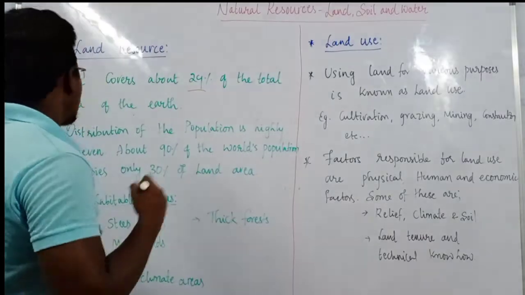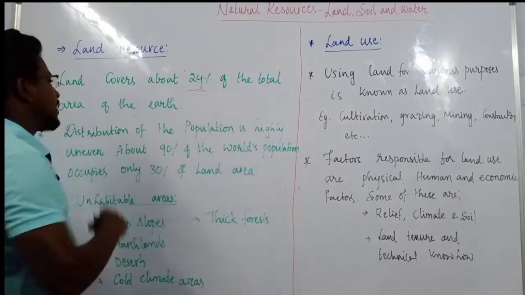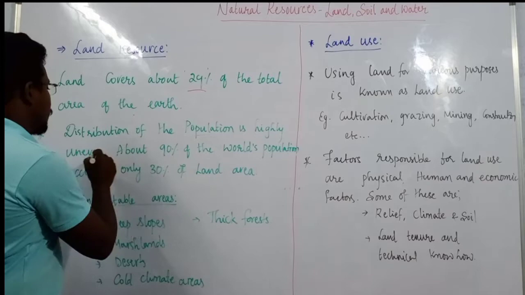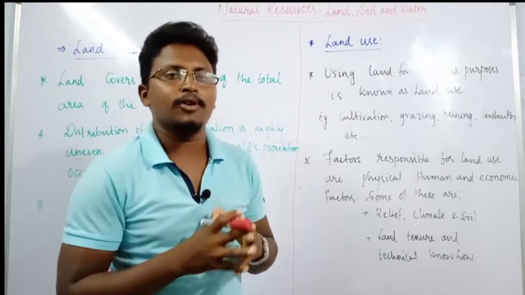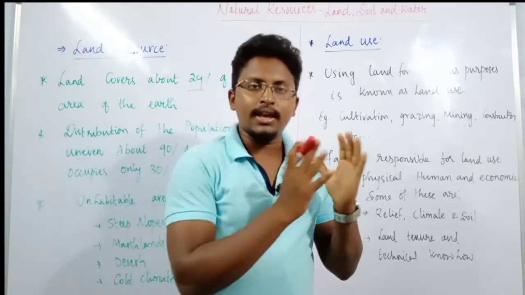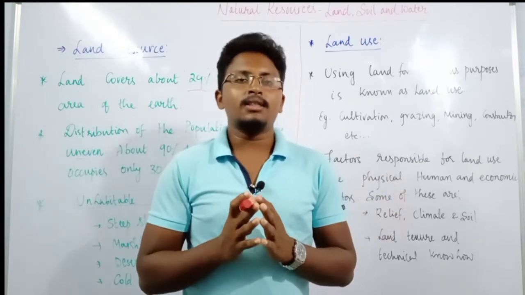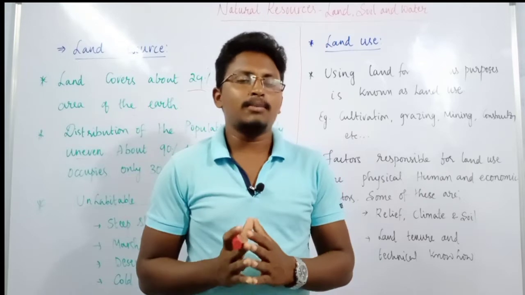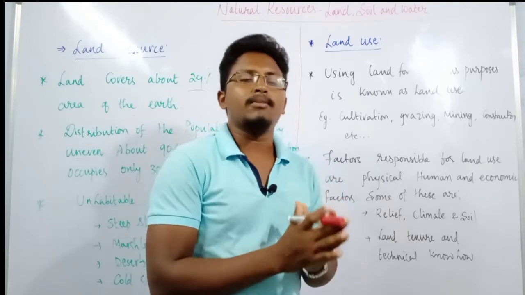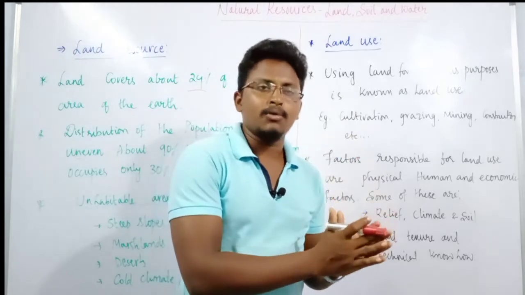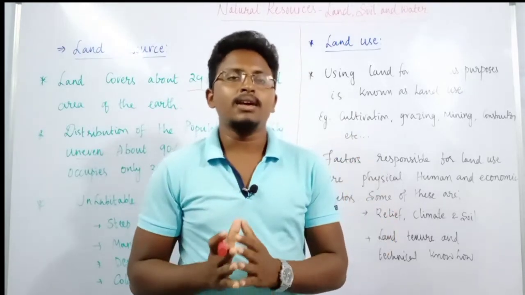And even though it is just 29%, the distribution of population is highly uneven. There are a few areas where the population is very high, and some areas where the population is very less. That means the distribution of population is not the same everywhere.